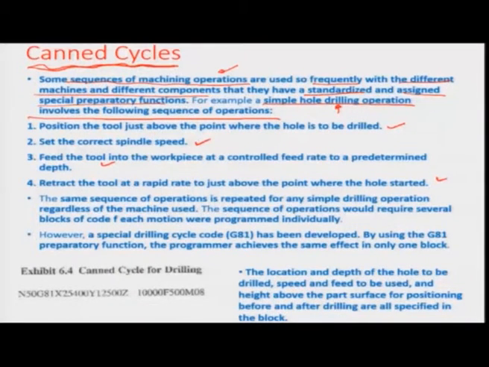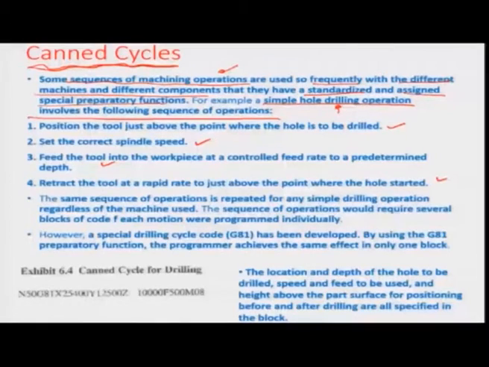So, position the tool, set the speed, that means rotate the spindle, start feeding the spindle inside for the drilling action to happen, and then retract the tool, okay, so that you can keep the coordinates in a manner so that the hole can either be a through hole or just a blind hole, depending on the thickness of the block and the depth of the drill.